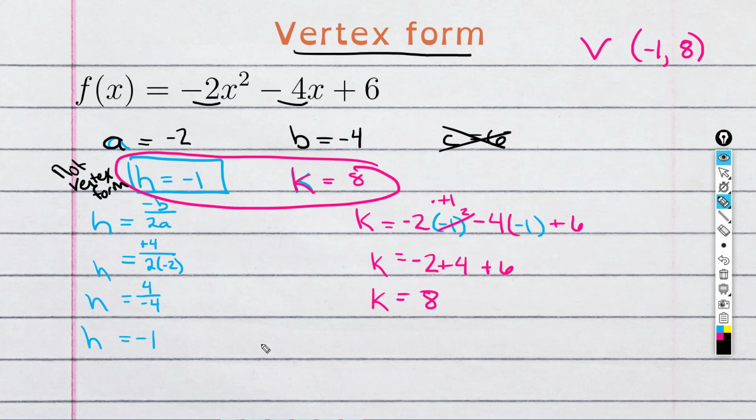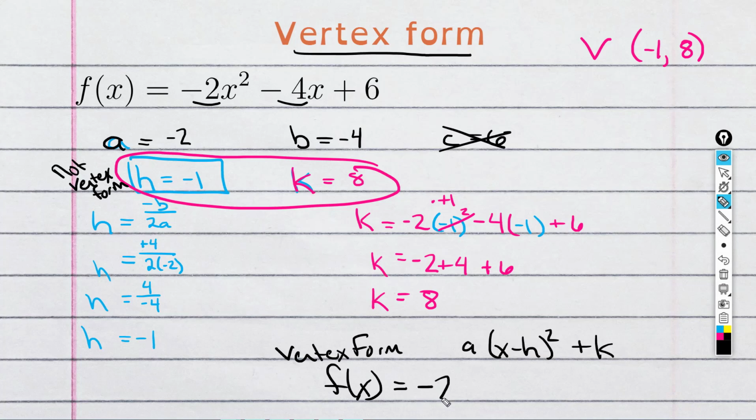That's our vertex. Vertex form is f of x equals a times (x minus h) squared plus k. So my a is -2.